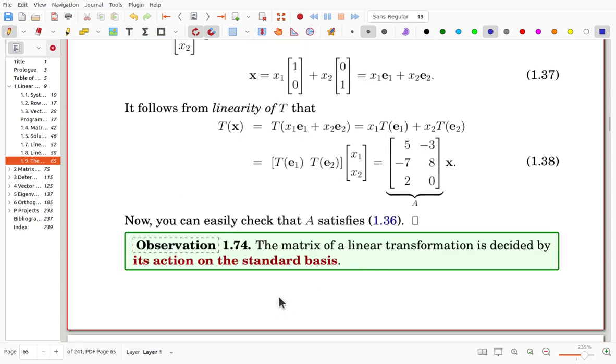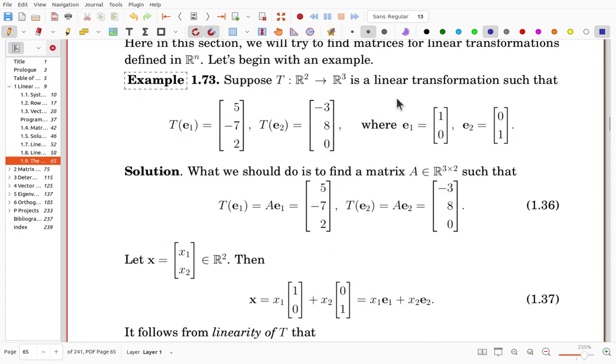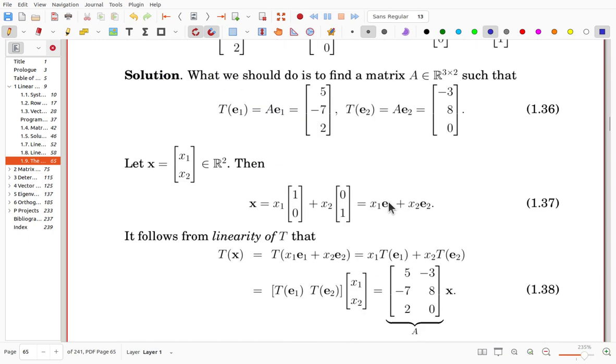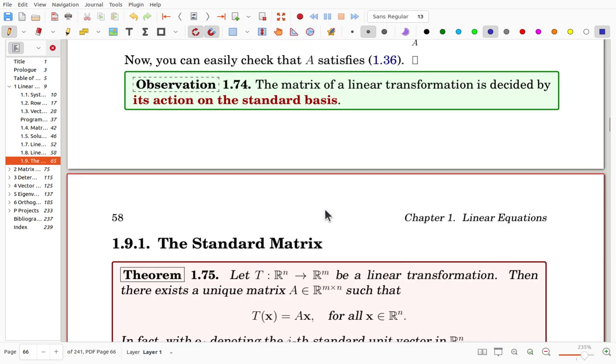Here, this is the observation. The matrix of a linear transformation is decided by its action on the standard basis. Once the action of the linear transformation on the standard basis is known, then we can decide the matrix, right? That's the observation.